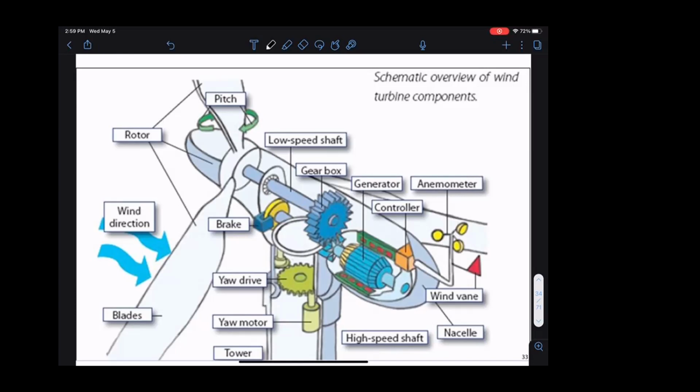One is to not produce too much power. The second is we may want to track a power production point. Wind changes. So if you don't change the pitch and the wind direction or the wind speed changes, then your power output will change. But often we want that power output to be a constant value. So we'll change the pitch trying to track that power output.